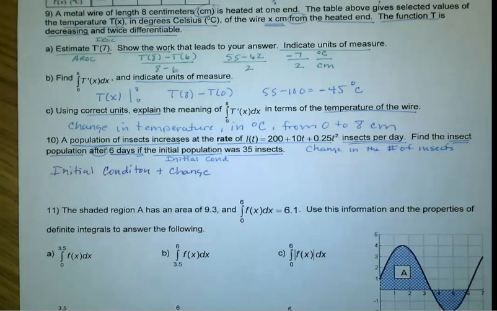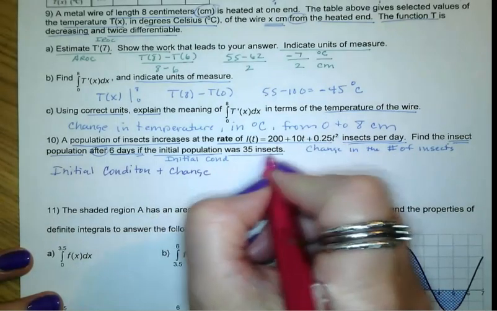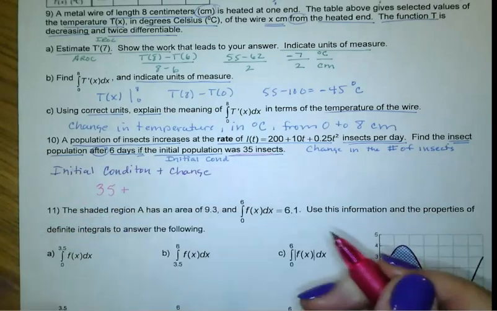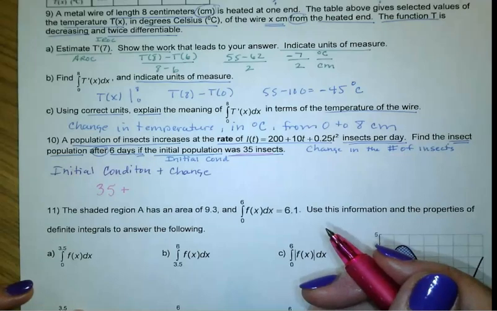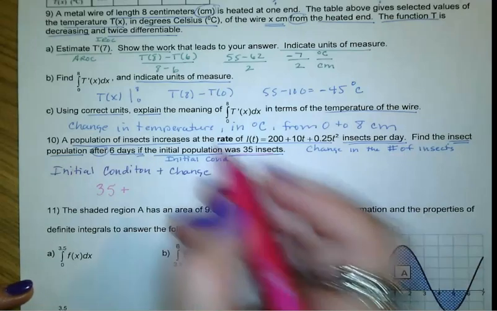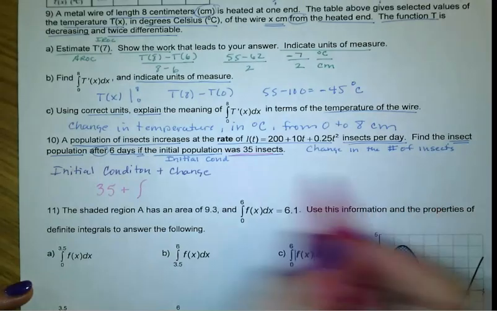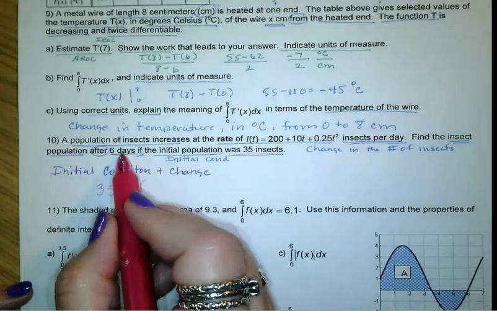All right. So in this case, what was the initial condition? The initial condition was 35. So that was this piece right here. So I start with 35 and I'm going to add to that the change. So the change would be the integration. So we're going to do the integration on the population after 6 days.